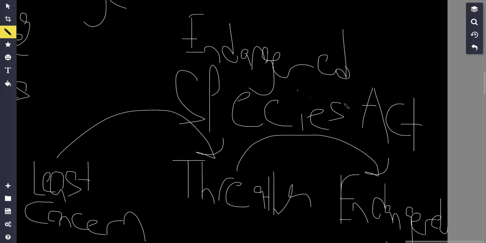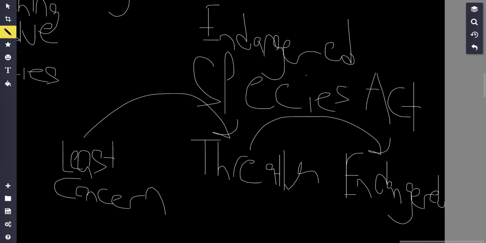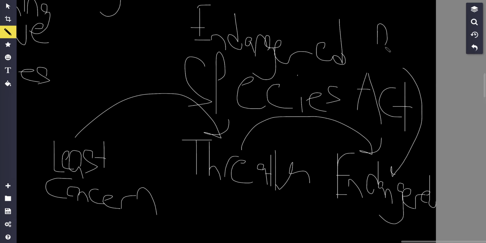It's in the U.S. It allows people to classify a species as endangered, and the Endangered Species Act basically protects these endangered species from extinction, and it allows people to buy land.